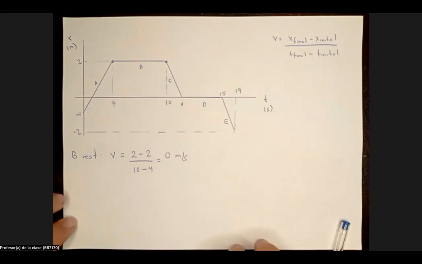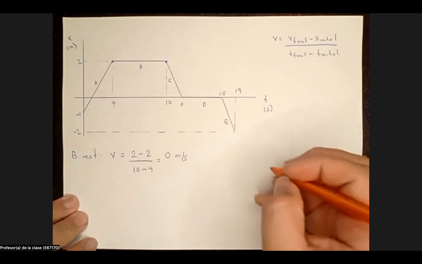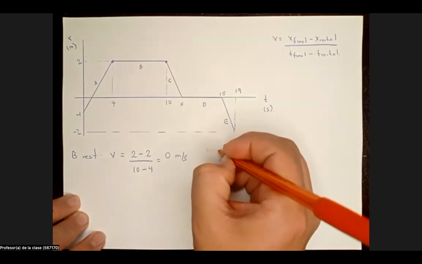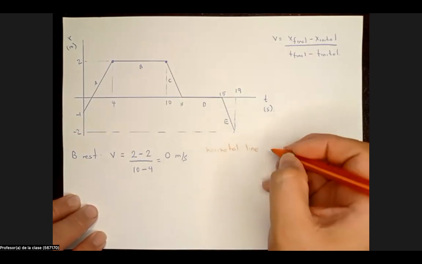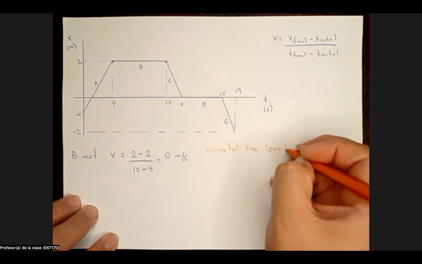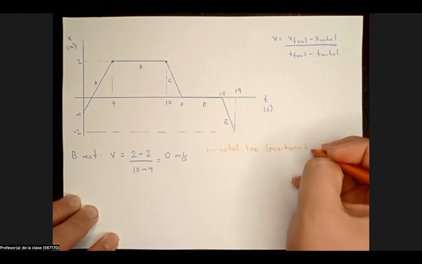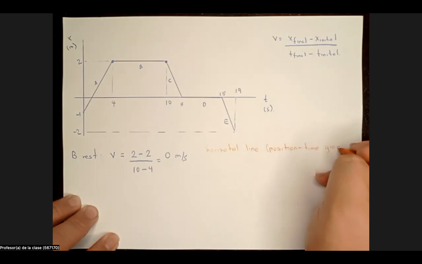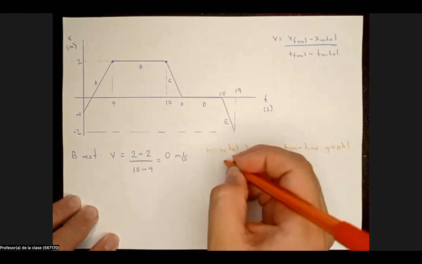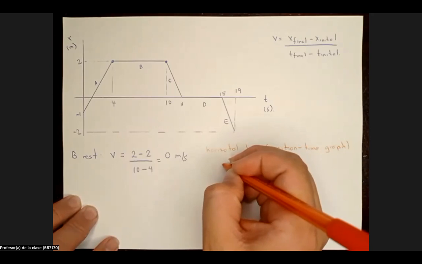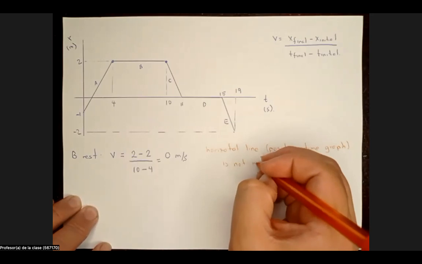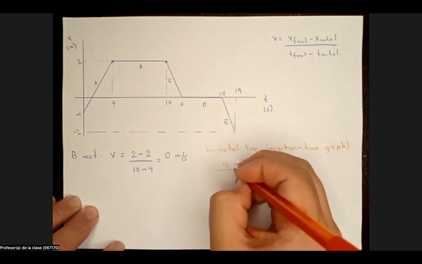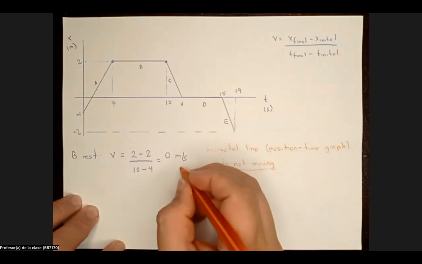Okay, so an important conclusion here is that when we have a horizontal line on a position-time graph, it always means that the object is not moving.